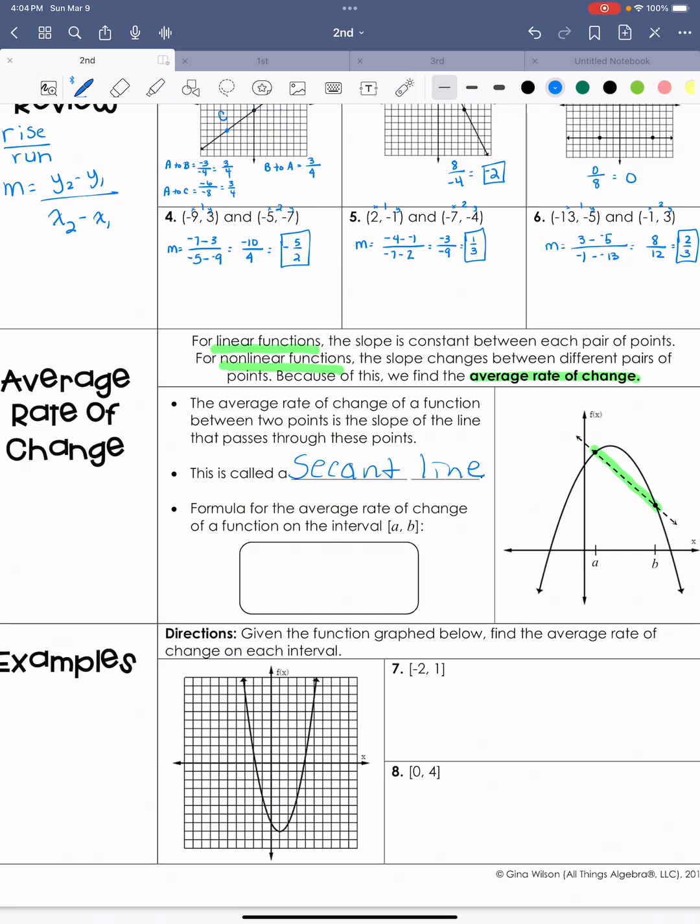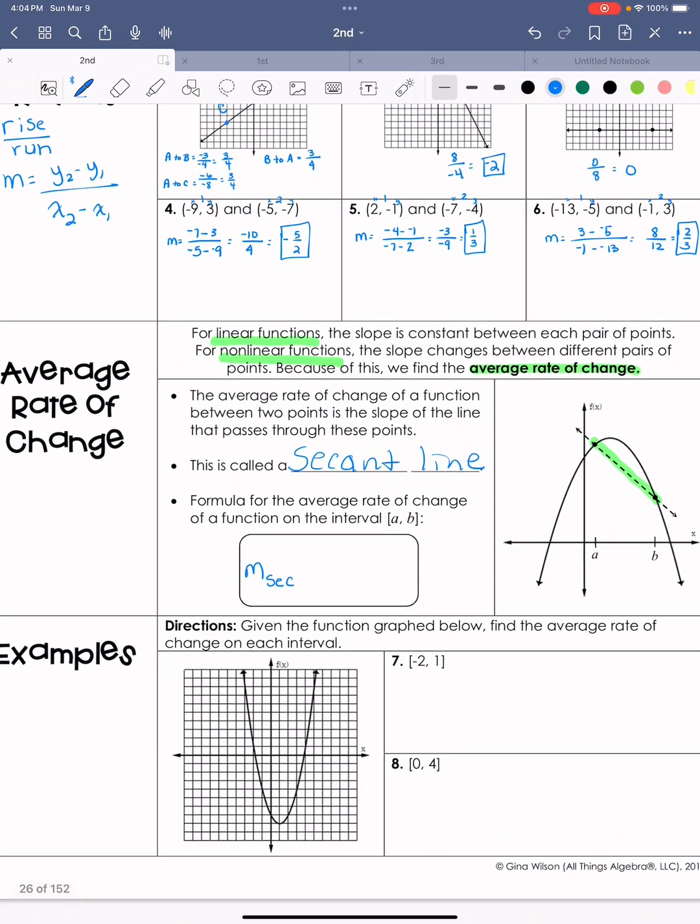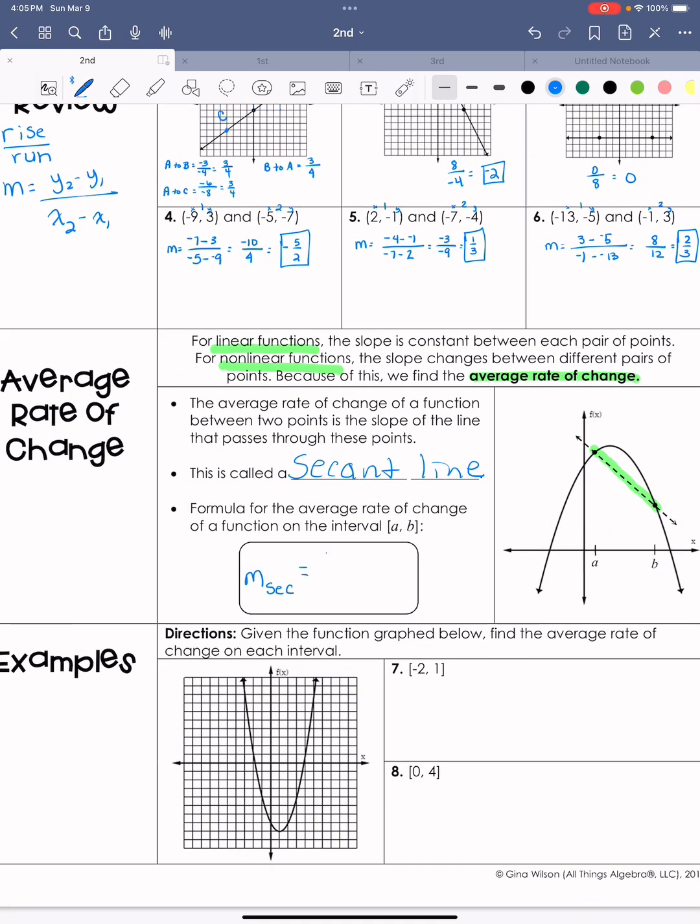The formula for the average rate of change, and this is slope, we're going to denote as secant. So the slope of the secant line is equal to f of b minus f of a over b minus a. Okay, and we will look at some examples.